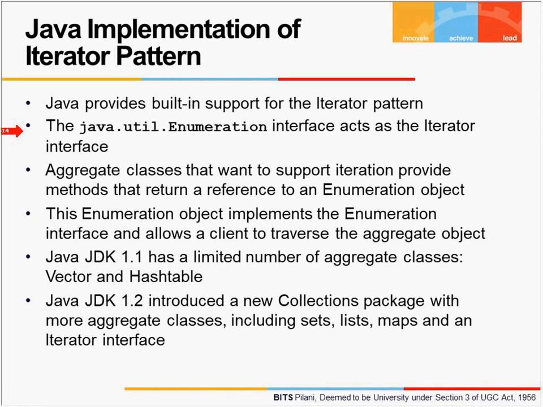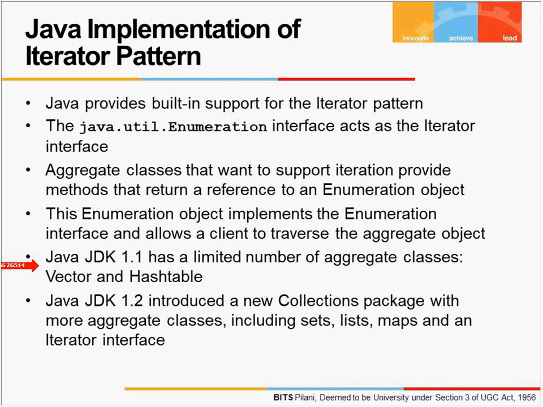When you have to iterate through a Vector or a Hashtable, which were the two aggregate classes supported in JDK 1.1, you obtain an enumeration from it. That enumeration is what you use to iterate over the aggregate object.